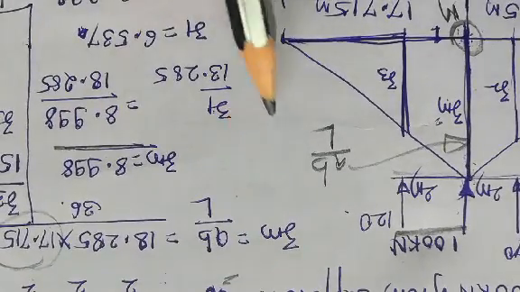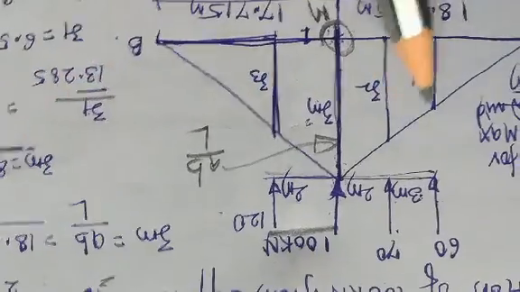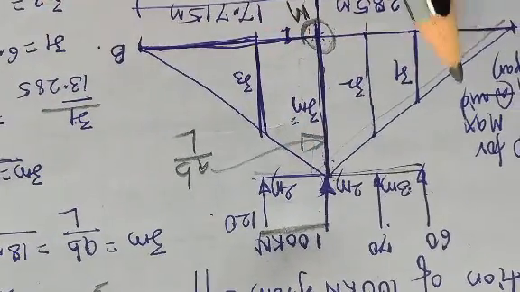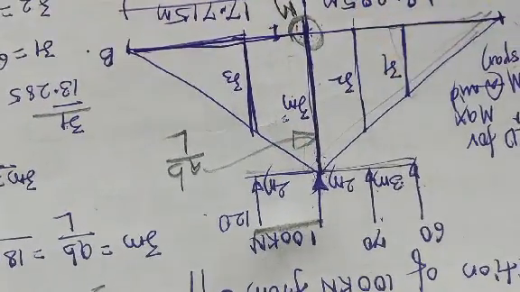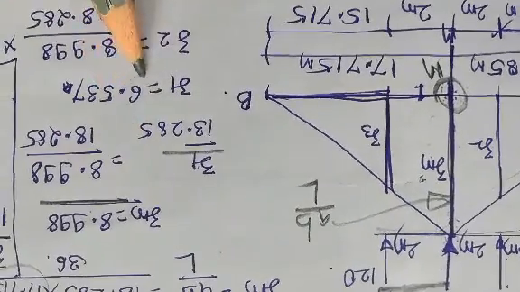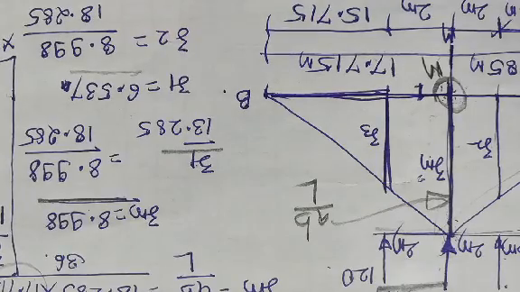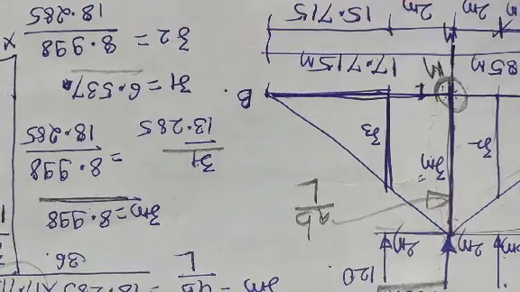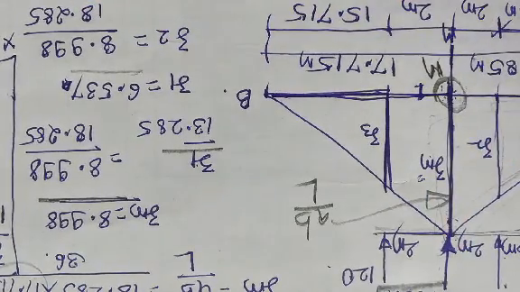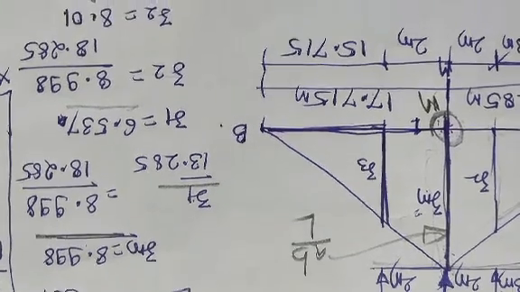Next, calculate the value of Z1. Here the bigger triangle by the smaller triangle, you will get Z1 as 6.537. Next, for Z2, the bigger triangle by the smaller triangle, you will get the value of Z2.